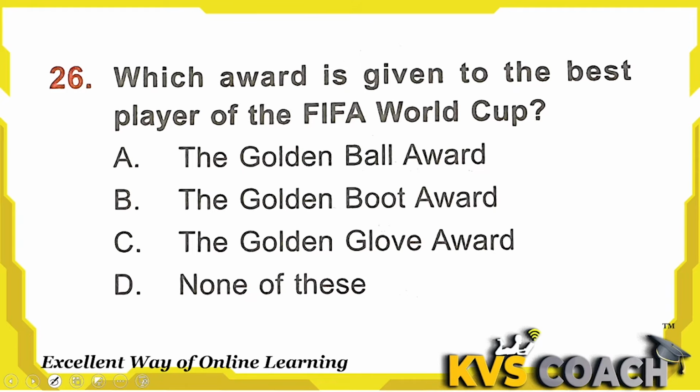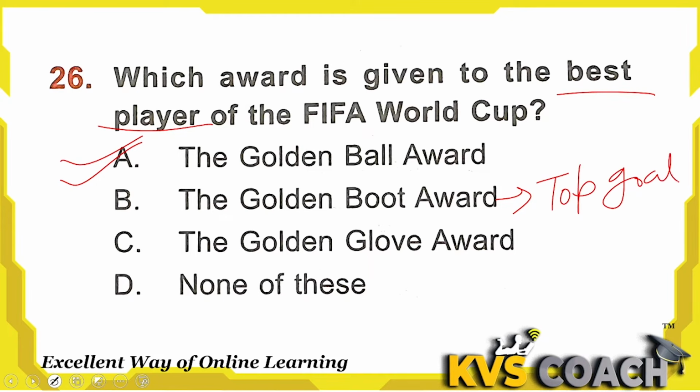Next is, which award is given to the best player of the FIFA World Cup? For best player, they give the Golden Ball Award. The Golden Boot Award is given to the top goal scorer.